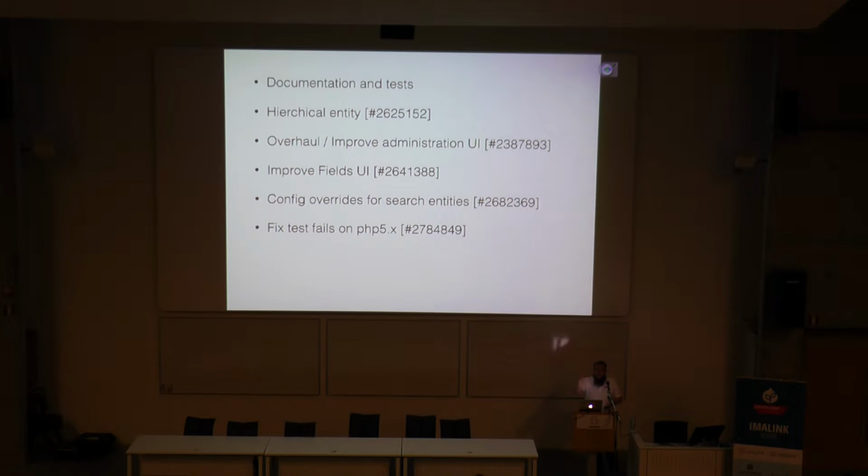So you can override it from settings.php, and this is currently not possible, and we're trying to figure out a way how to do it. And there's also a really weird issue if any of you is using PHP 5.5 or 5.6 and has time to help us figure out why the tests are failing on that and are not failing on PHP 7. Please help us out, because I don't know, and I've spent way too much time on it already.